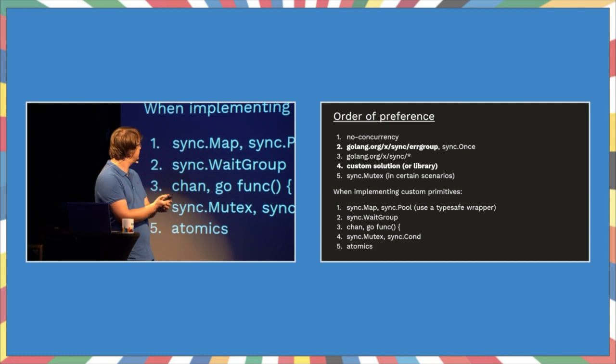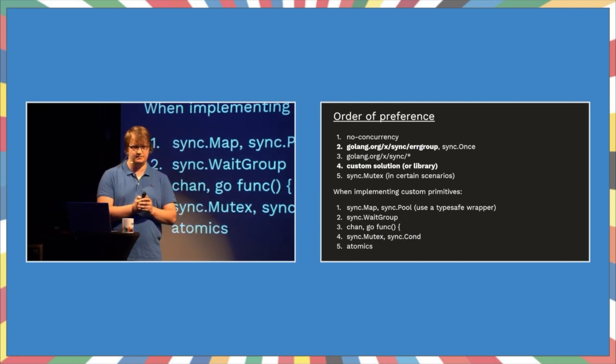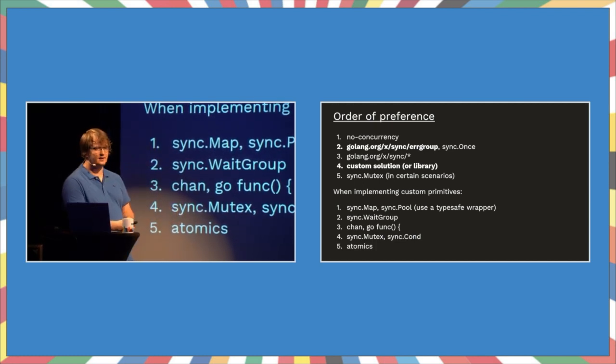So here's how I choose what to use as my concurrency primitive. First, I'll really think whether I need the concurrency there. Can I avoid it? My life is going to be much easier if I avoid it. Then I will look into error group, which can start multiple coroutines.